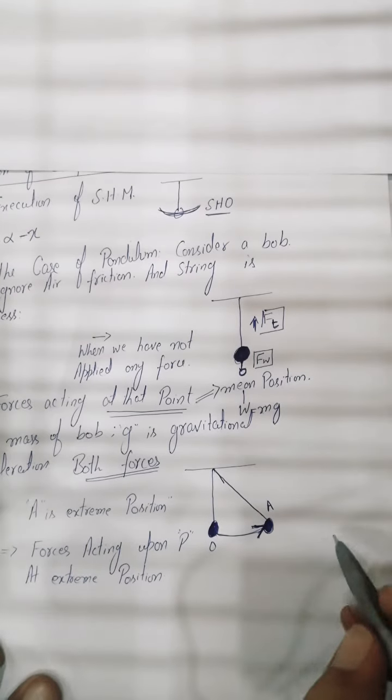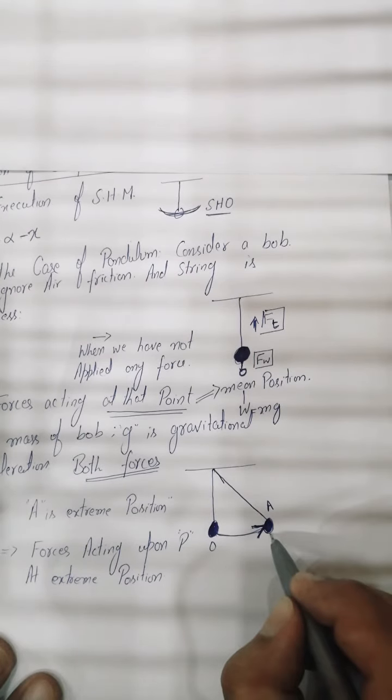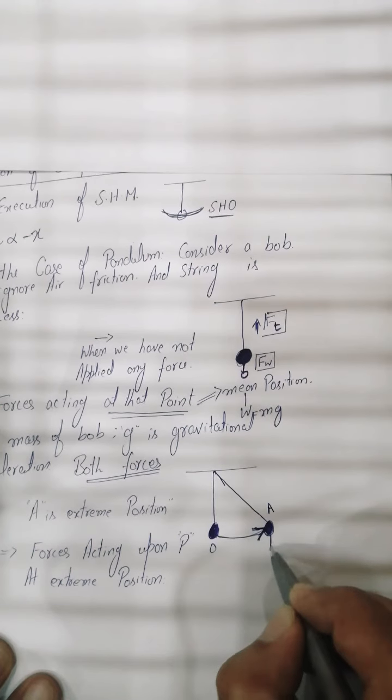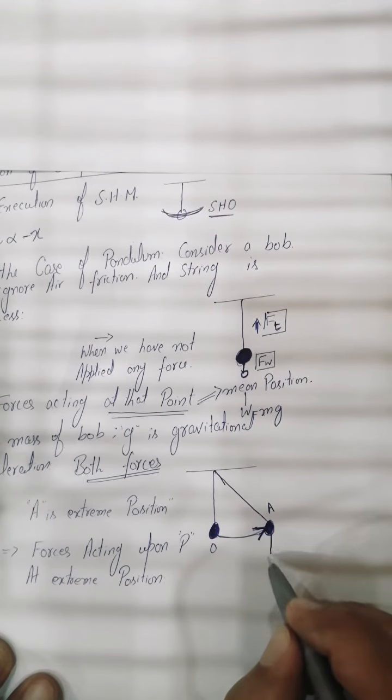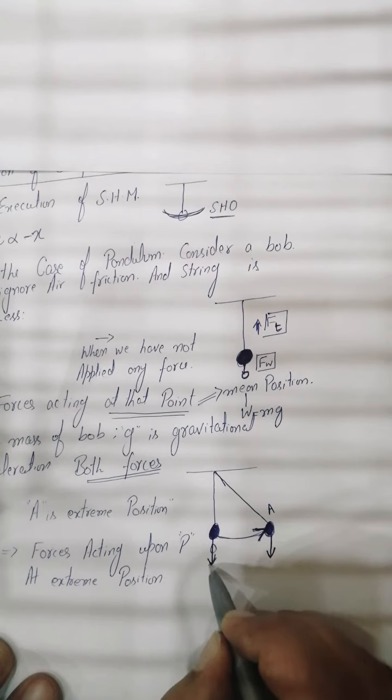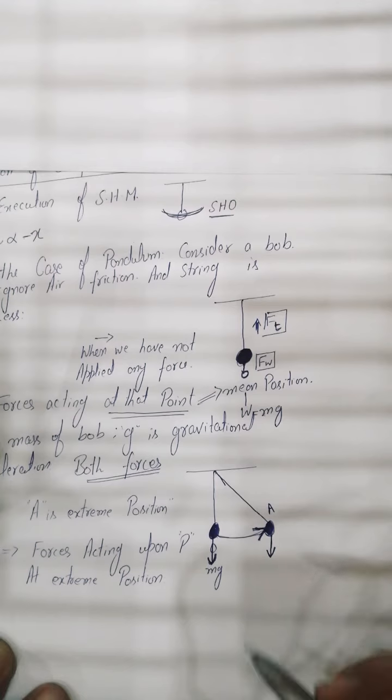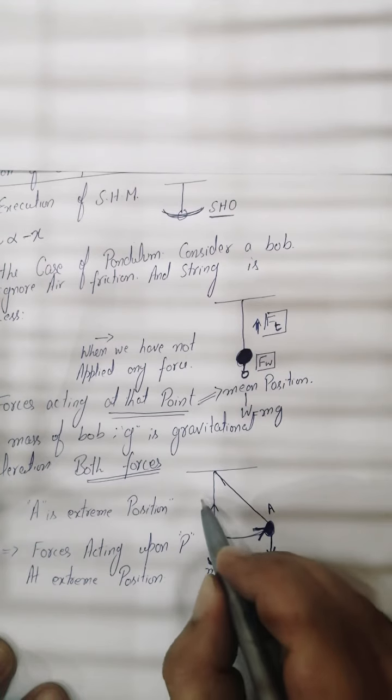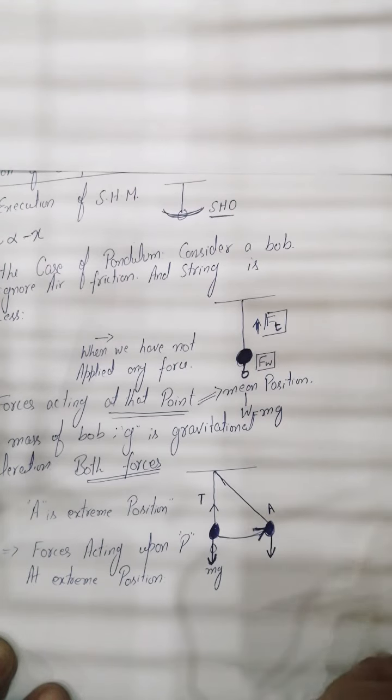So let's check these. This is the weight of the bob, same as was acting at the mean position, which is mg, and cancelled out by the tension T.